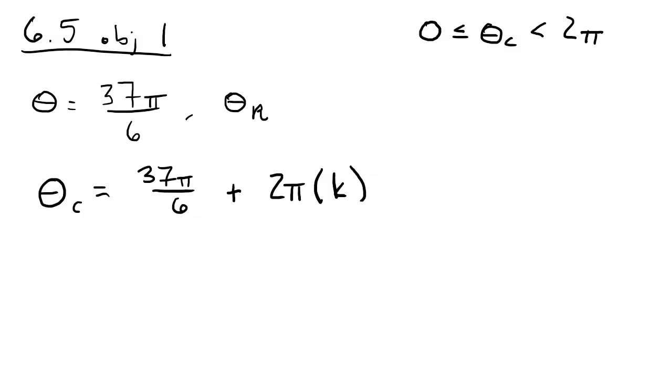Well, we can approximate this by taking the ratio of 37 pi over 6 divided by 2 pi. Remember, 2 pi is a full rotation, so by taking this ratio, we can see how many times it's gone a full rotation. And this number of rotations can be rounded to be our k.